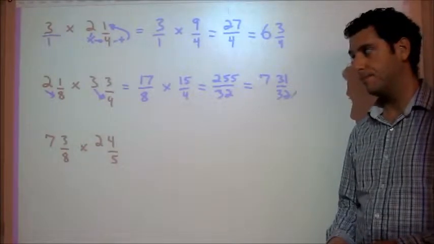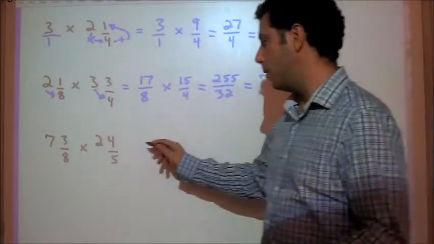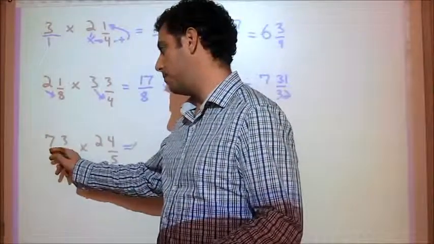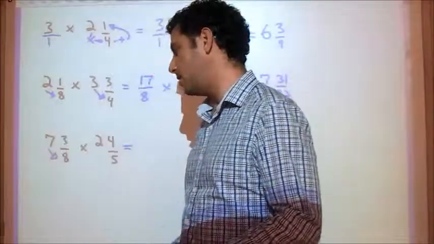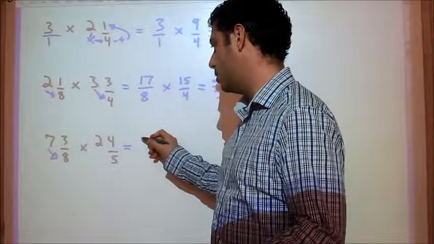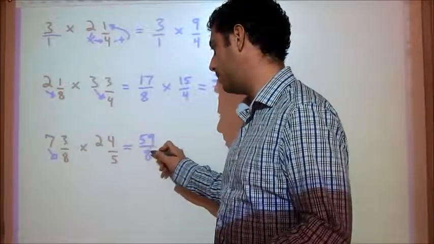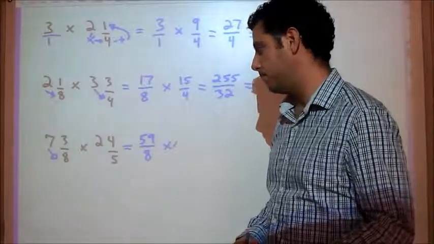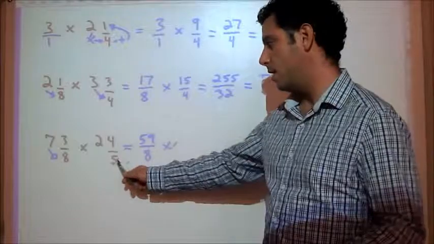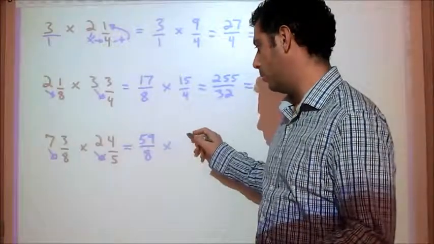How about this last one? So 7 3/8 times 2 and 4/5. Let's convert both of these into improper fractions first. So 7 times 8 is 56. 56 plus 3 is 59 over 8. 2 times 5 is 10, and 10 plus 4 is 14.